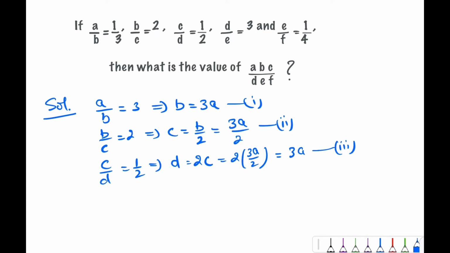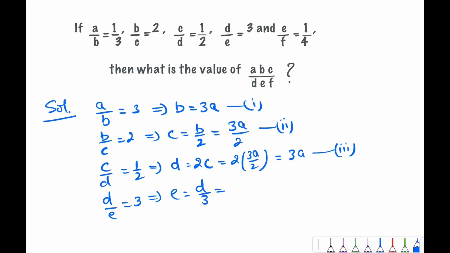Now next, D by E equal to 3 given. So this implies E equal to D by 3. Now substitute the value of D from equation number 3. So we have 1 by 3 into D, which is 3A. So this is equal to A and this is equation number 4.